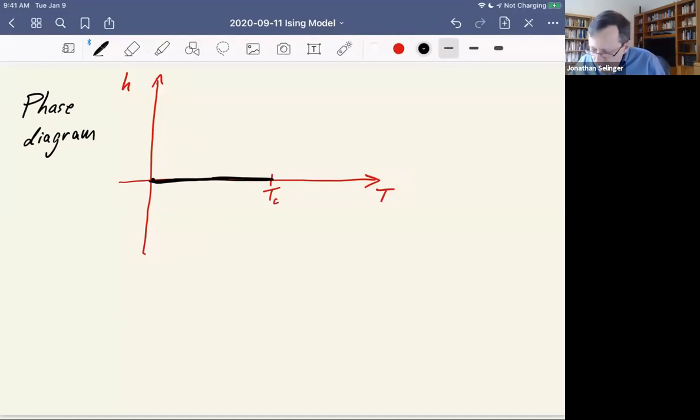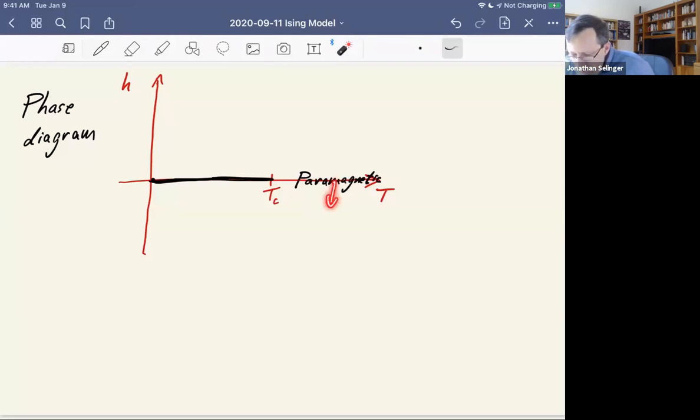And now we can label the different things that we've seen so far on this phase diagram. Right along this line at high temperatures, this is where we have the paramagnetic state. Okay? So H is equal to 0 all along this line. If we apply a little bit of a field up here, we get some small magnetic order that's induced by the field.